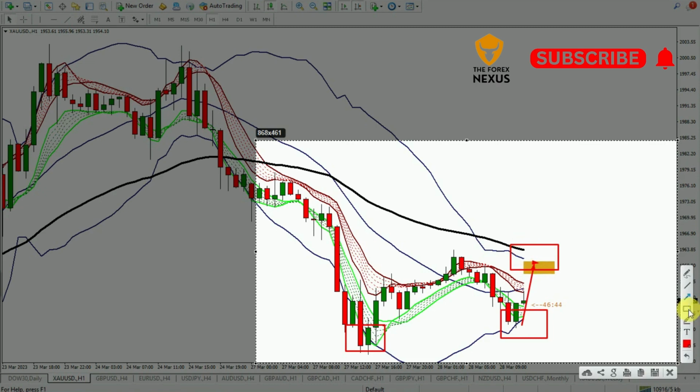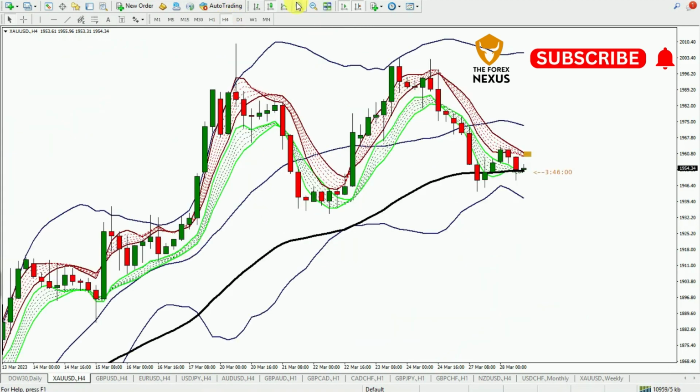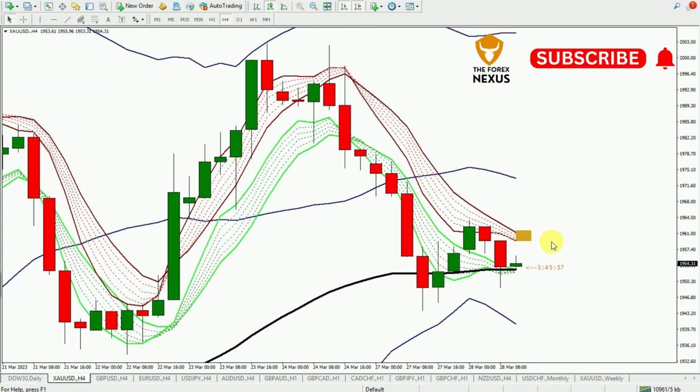Now here we will make confirmation. We will make confirmation if we got a breakout; then we will hold buy trades. And if we got rejection, then we will make confirmation on the M15 time frame for a re-entry sell on this point.